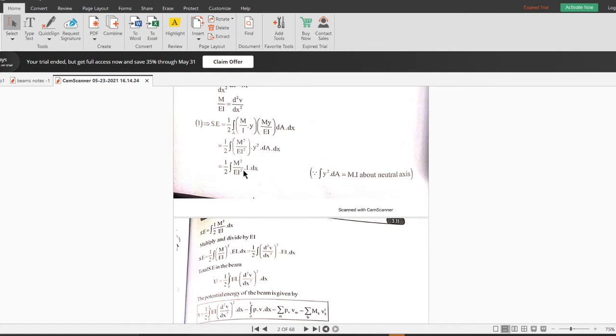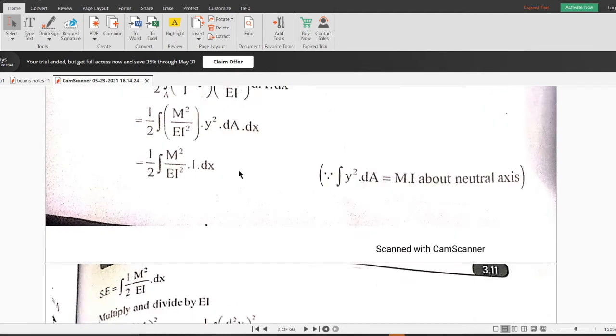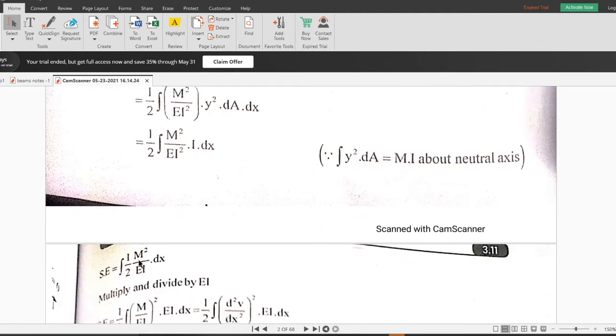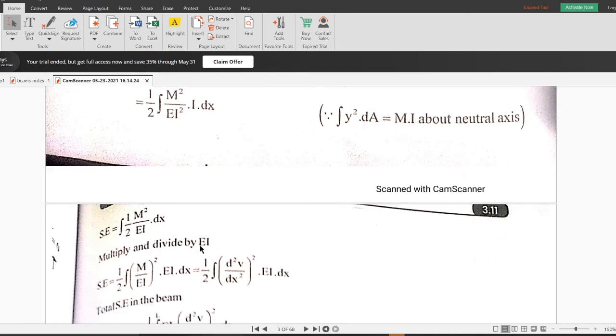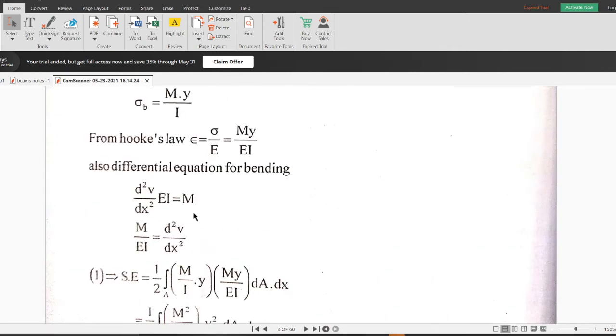Here one I and another I get cancelled. Therefore the strain energy becomes the integration of M square by EI dx. For further simplification, multiply and divide by EI, so we get the integration of (M by EI) whole square into EI.